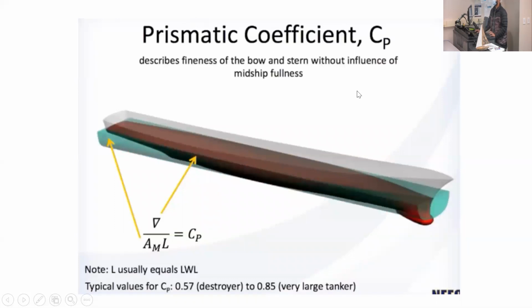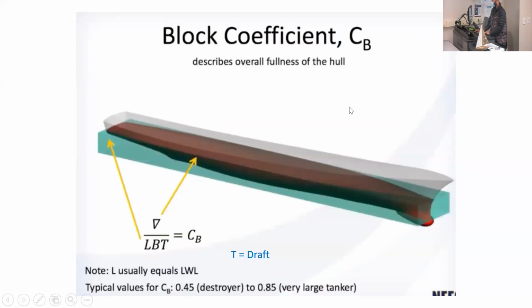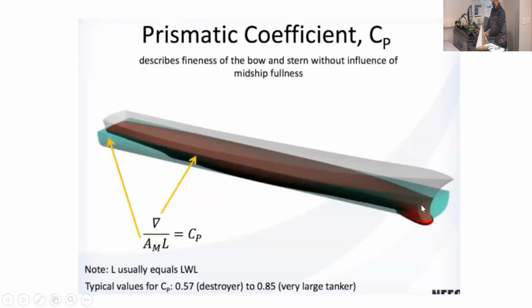Prismatic coefficient is similar to this CB, but instead of taking a full rectangular block, you see the cross section in the front is a rectangle. In CP, the main difference is it's a more hull-like looking shape. And this cross section is the same as the mid-plane area.